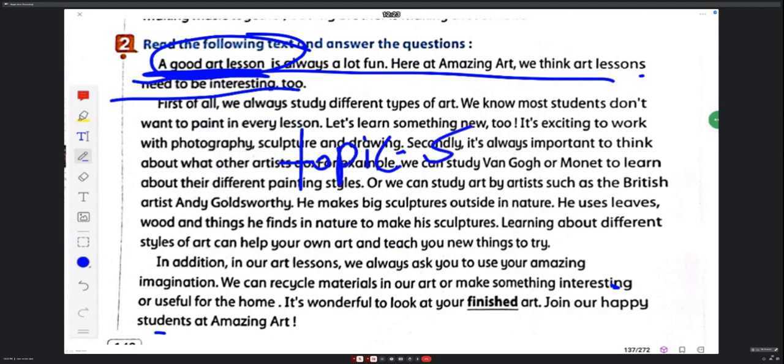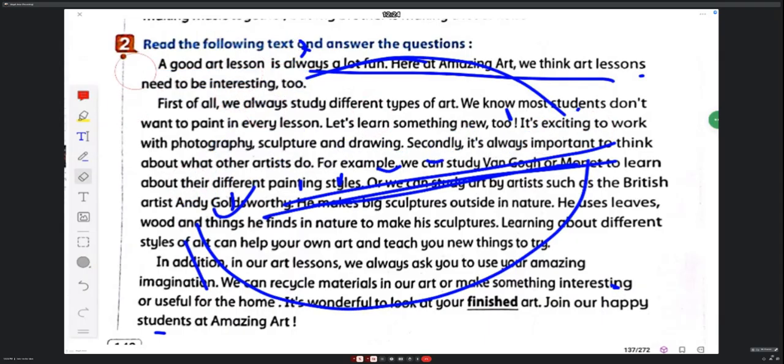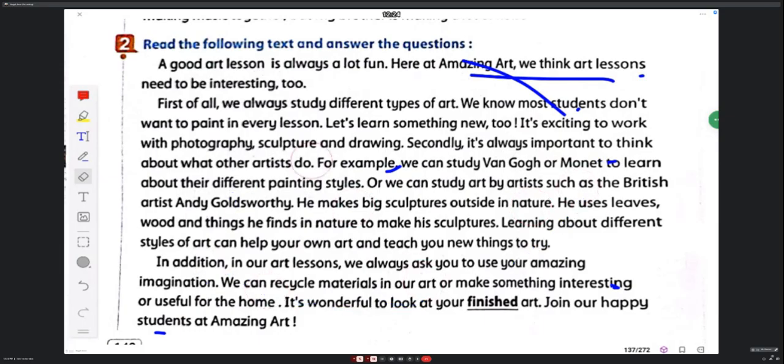Topic sentence means the sentence that gives the whole idea of the whole text. So when I read it, I know what topic the text is talking about. A good art lesson means the text is talking about artists, art, and a lesson to understand.